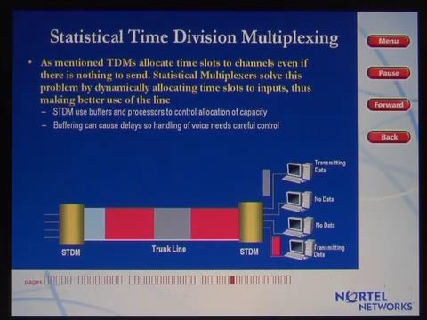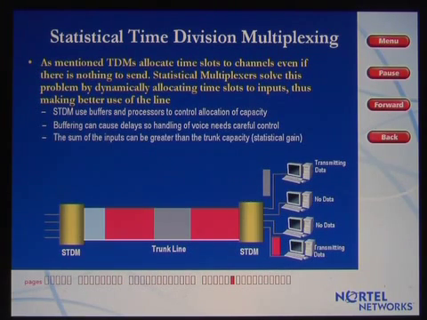STDM cannot transmit real-time data, as the delays in an STDM network are not fixed. Hence, they are not suitable for the transmission of voice traffic. STDM systems normally have speed limitations of below 2 megabits per second. Terminals do not transmit all the time, and terminals connected to the multiplexer rarely work simultaneously.